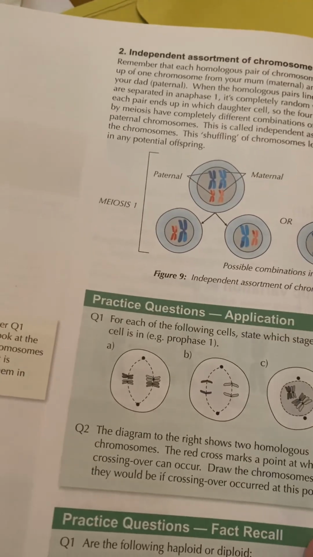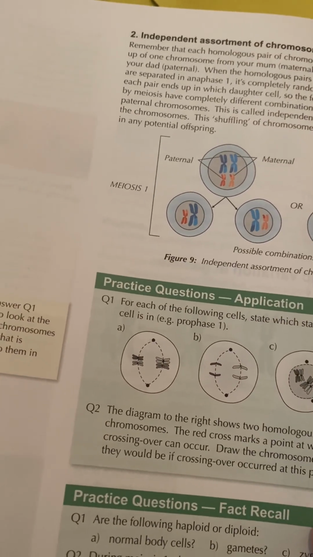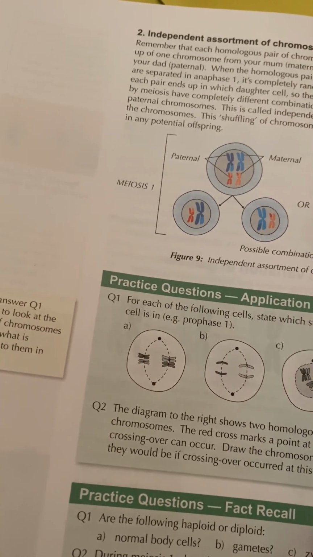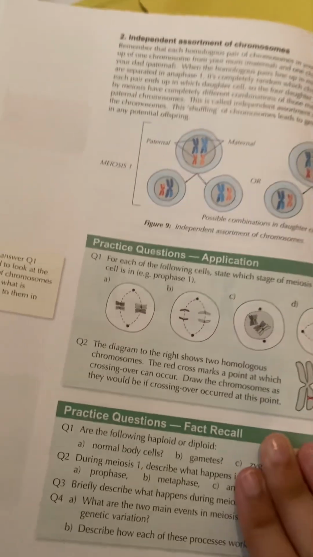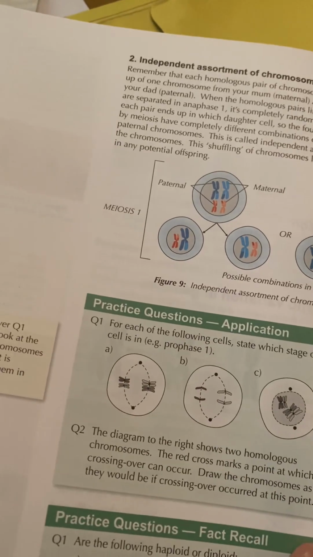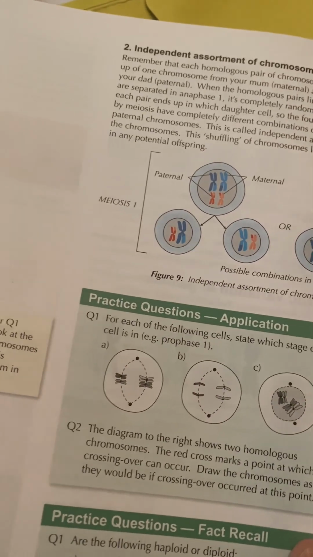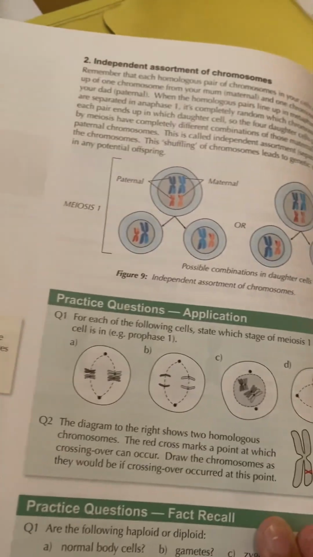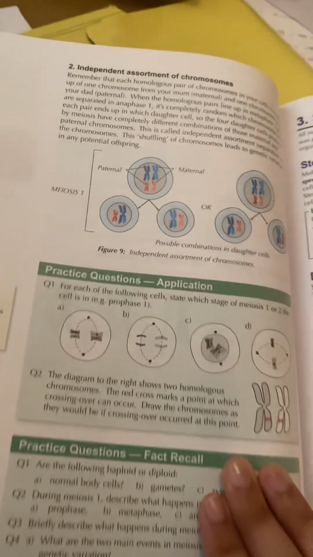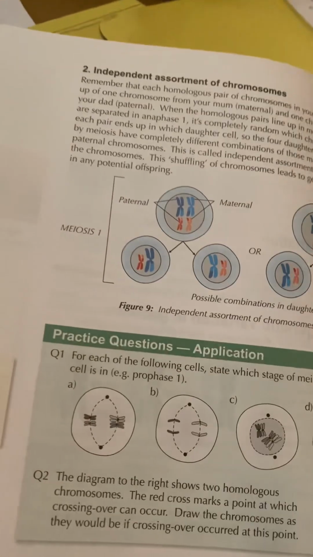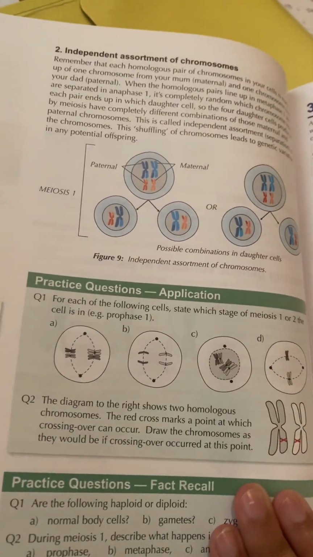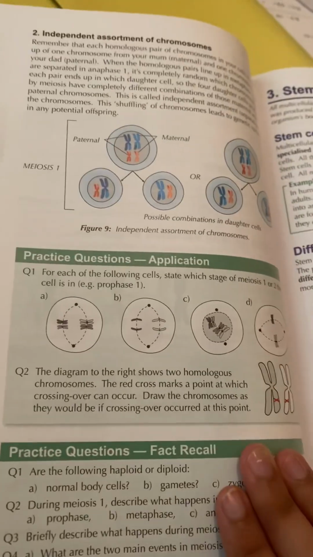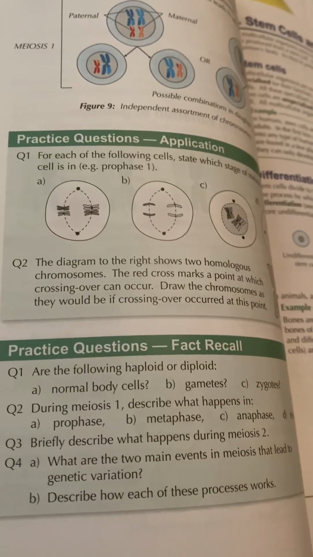When the homologous pairs line up in metaphase 1 and are separated in anaphase 1, it's completely random which chromosome forms each pair and which ends up in the daughter cells. So the 4 daughter cells produced by meiosis have completely different combinations. This is called independent assortment.